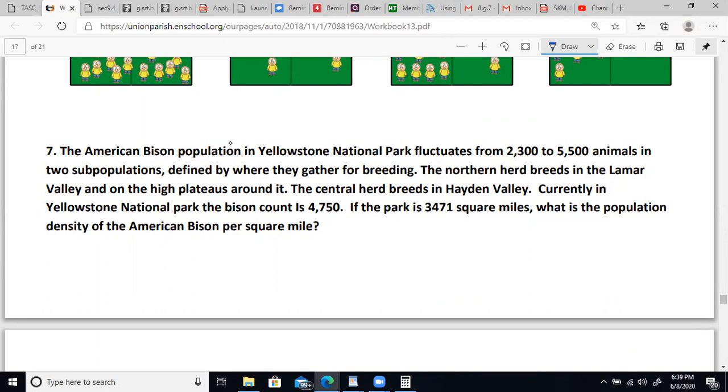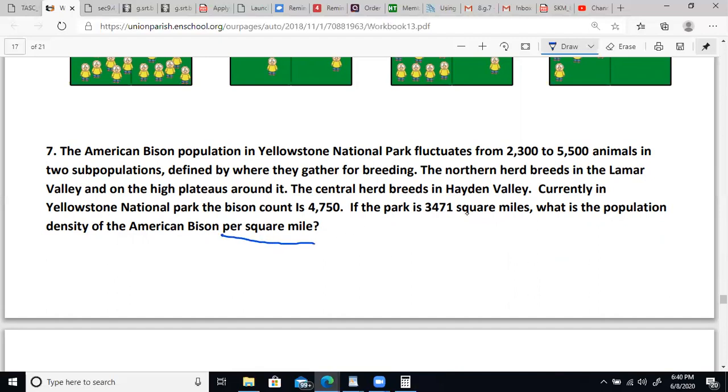The northern herd breeds in one place, and on the high plateaus around it, the central herd breeds somewhere else. Currently in Yellowstone National Park, the bison count is 4,750. If the park is 3,471 square miles, what is the population density of the American bison per square mile?